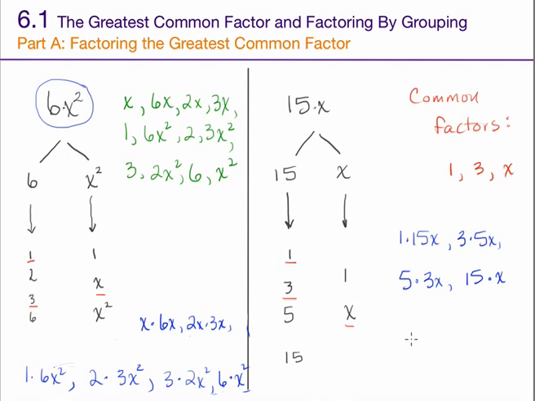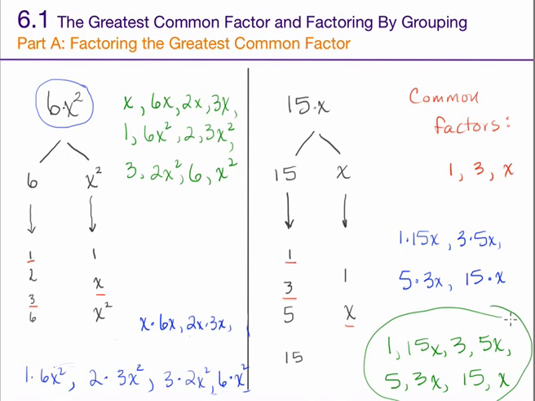What did I use to make 15x? I used 1 and 15x. I used 3 and 5x. I used 5 and 3x, 15, and just x. Here are all the factors of 15x, and here are all the factors of 6x squared.